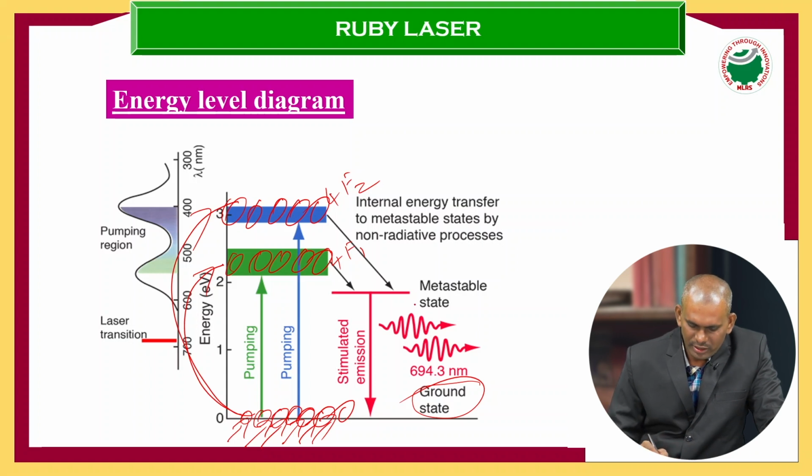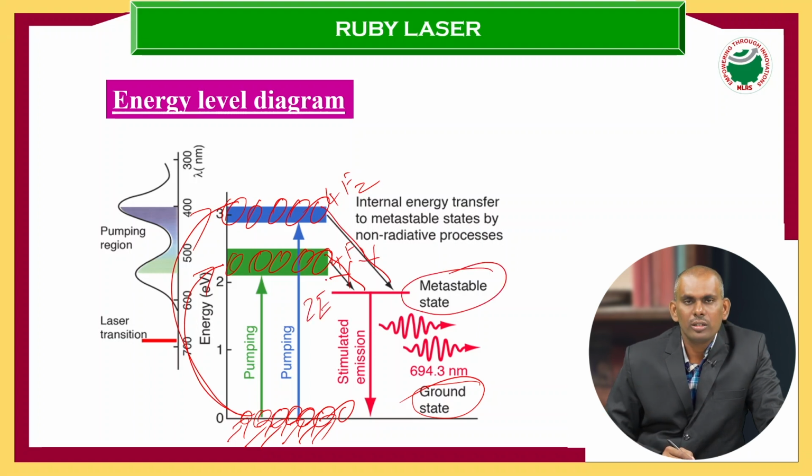So that's the reason they de-excite from their higher energy levels to the metastable state. Here the metastable state we can mention as 2E. So the metastable state is 2E. These atoms from higher energy levels 4F1 and 4F2 de-excite to the metastable state here. So what is a metastable state? Just now I told that a metastable state is nothing but the state which has a long lifetime.